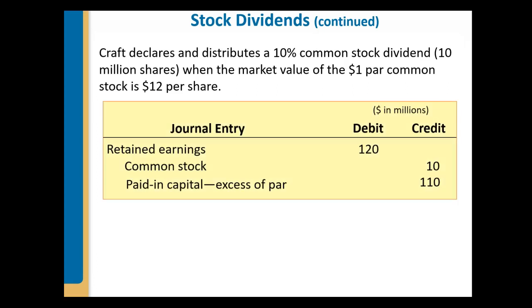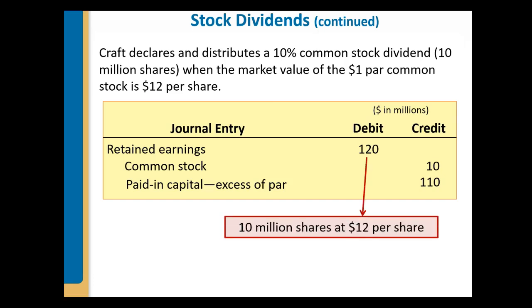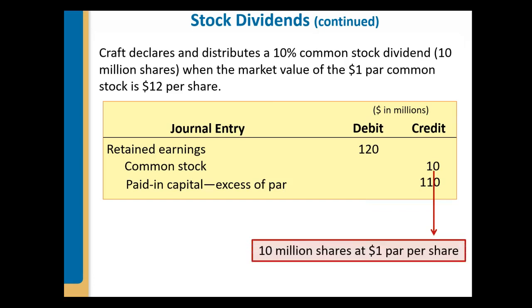For a small stock dividend, typically less than 25%, the fair value of the additional shares distributed is transferred from retained earnings to paid-in capital. A small stock dividend requires reclassification to paid-in capital of retained earnings equal to the fair value of the additional shares distributed.